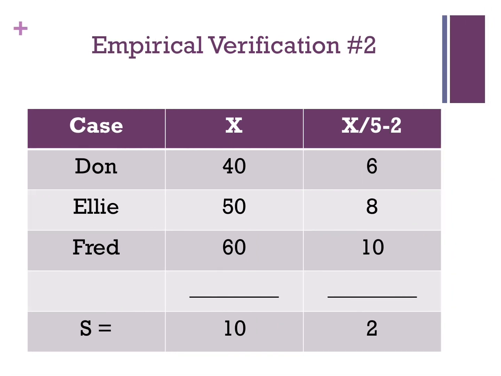Here we have Don with a score of 40, and x divided by 5 minus 2 is 6. Ellie has a score of 50, and x divided by 5 minus 2 is 8. Fred has a score of 60, and x divided by 5 minus 2 is 10. The standard deviation of x is 10, and the transformation equals 2.